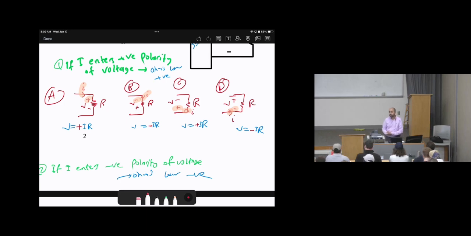Okay, is this clear? So now, when we apply Ohm's law, V equals I times R, what matters to us is to determine the sign. Is it going to be positive or negative? And this again can be known by looking at the current direction and voltage polarity. So far, we will assume all of the voltage polarities and all of the current directions are given.